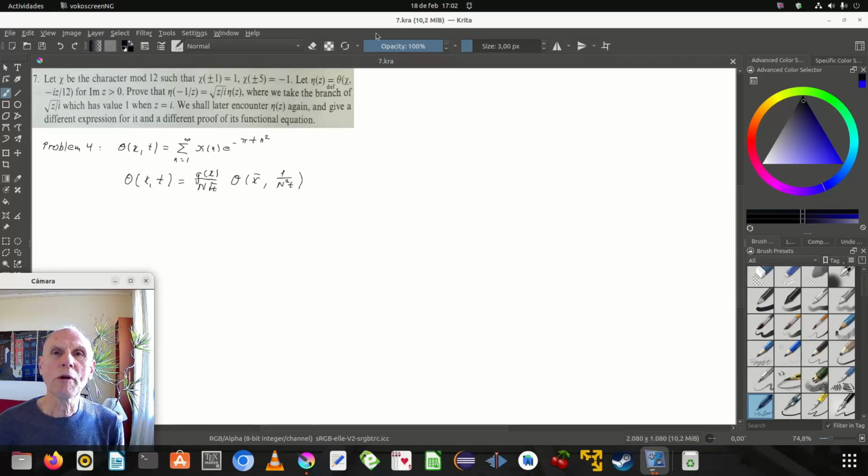Hello, still February 18th. Thought I'd just have a go at problem 7. You see, I was studying chapter 3 in the spring of 2021, and I encountered this function which was defined somehow, I don't recall how, by this character.